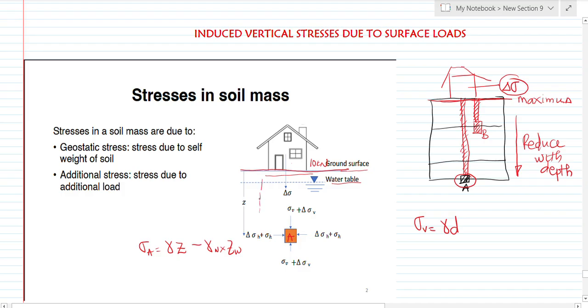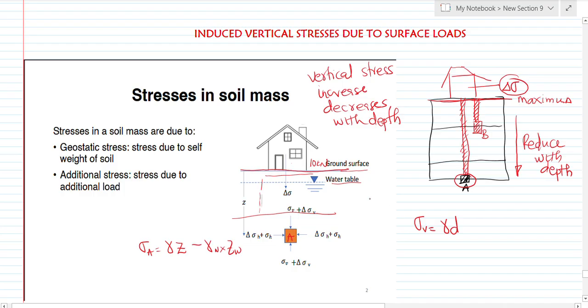But as we move down, the weight will be decreasing because the impact of the weight of this structure will decrease with depth. So when it comes to vertical stress increase, it decreases with depth.